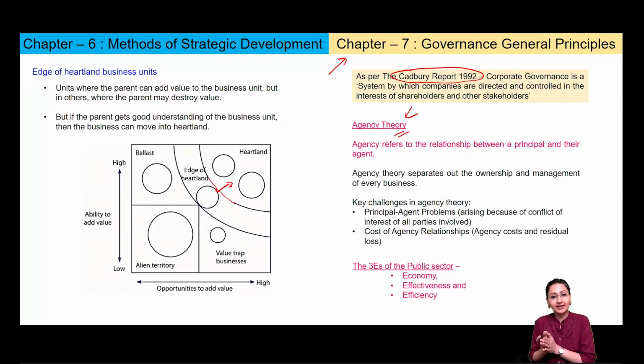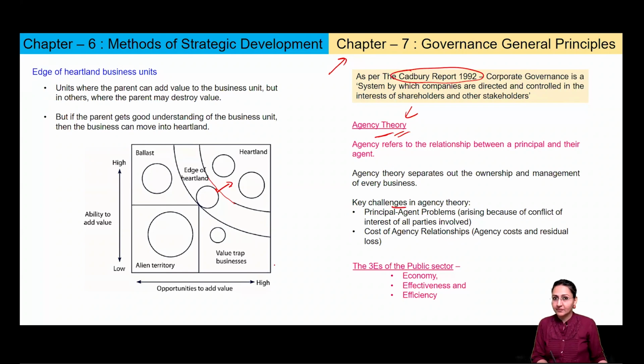So agency theory is keeping them separate, and the agents are reflecting or working on behalf of the principals. Who are the principals here? The investor of the company, right? Even external auditor is a principal of the investors, the shareholders. So agency theory will hit upon keeping the ownership and management separate from each other.